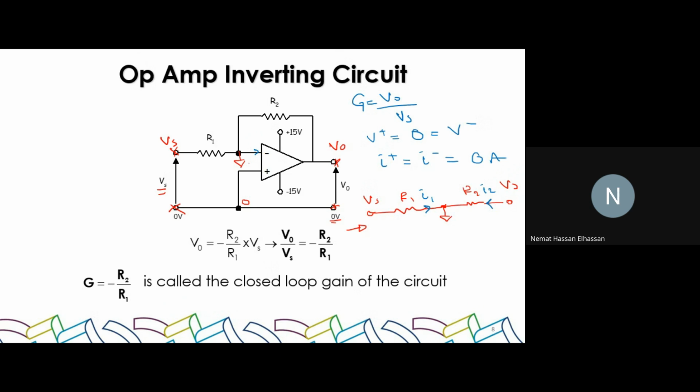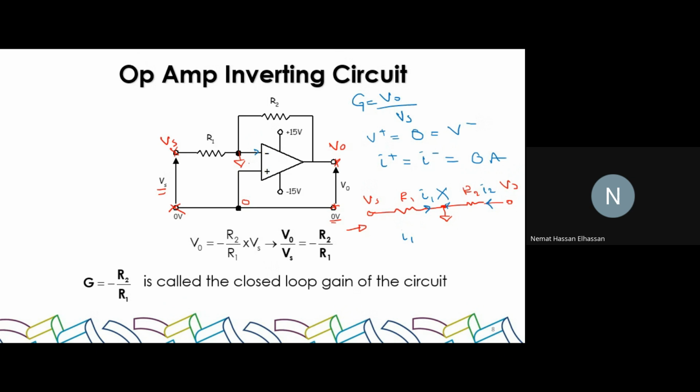Okay. Now let's apply it in this node over here, and I'm going to call it G, or not G because we already have a G. Let's call it node X because it's connected to 0 volt, right? So the current passing through R1, I1, is entering the node, right?